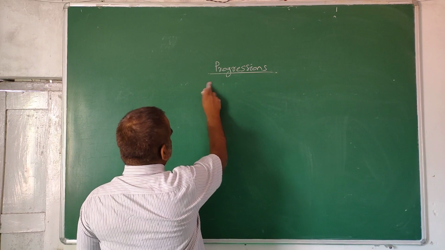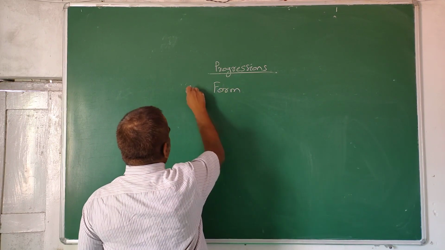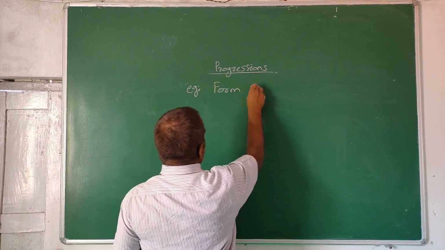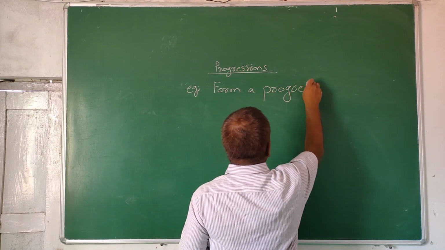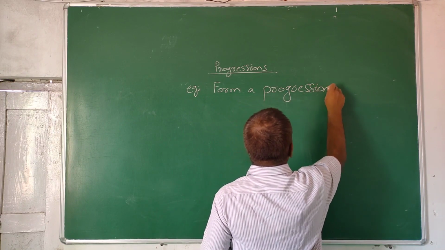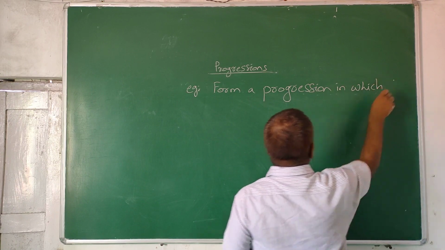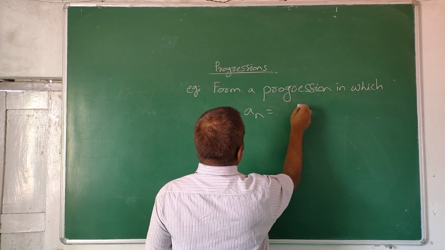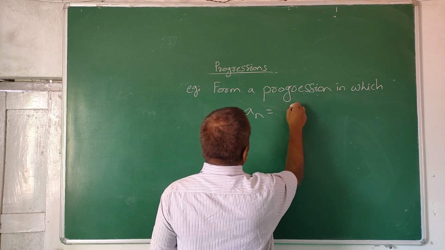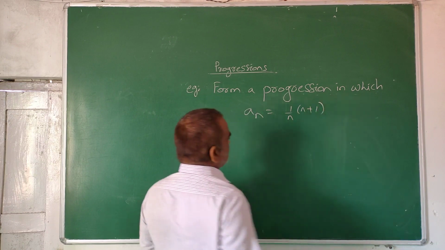Now form a progression. An example now I am taking. Form a progression in which a_n is equal to 1 by n into n plus 1.